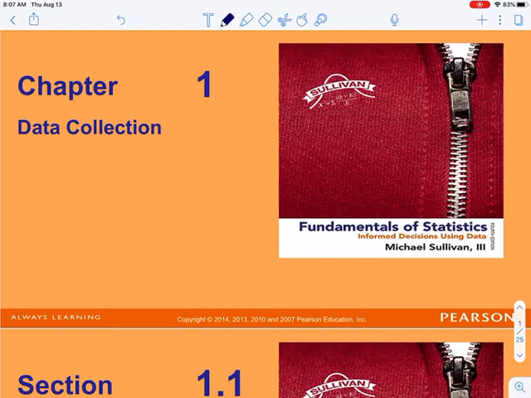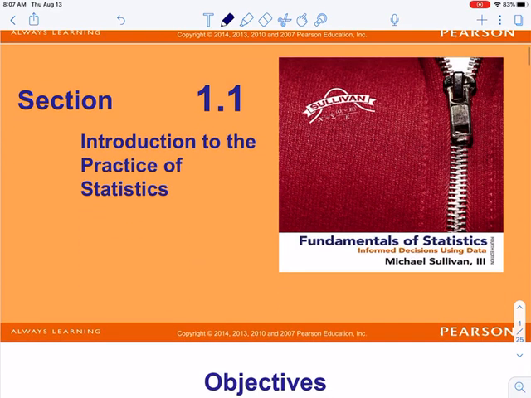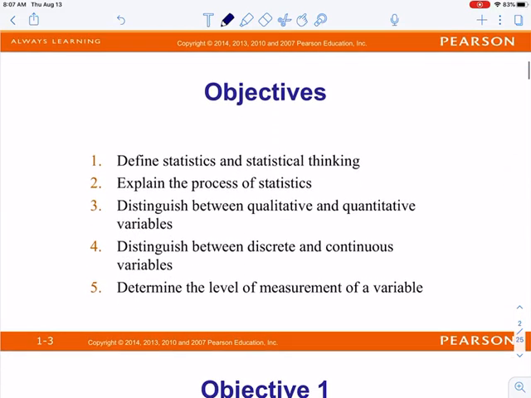Okay, so we're going to start with chapter 1, and chapter 1 is all about data collection. Our first section is 1.1, the introduction to the practice of statistics. At the beginning of every lesson, there's going to be a list of objectives, and for this lesson we have 5 objectives. The first is to define statistics and statistical thinking.